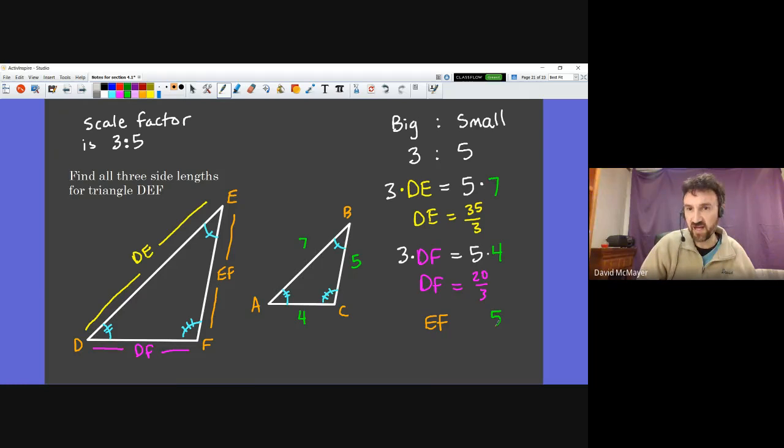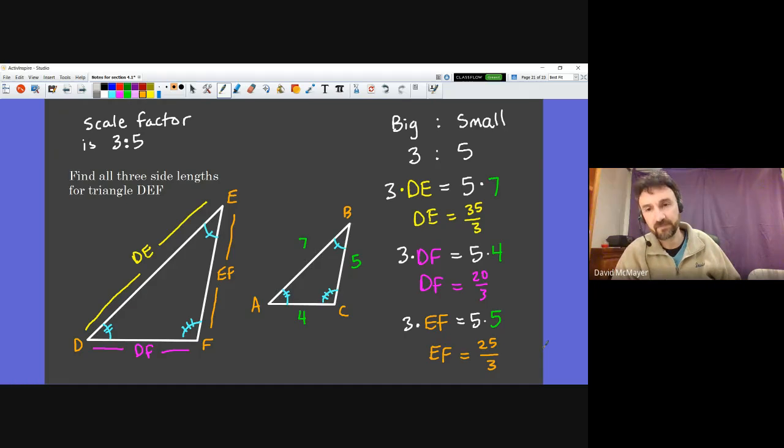So we can say 3 of the side length on the big triangle is equal to 5 of the side length on the small triangle. A little bit of quick algebra there, and we get EF, that side length is 25/3, or 8.3. So we can find side lengths on triangles.